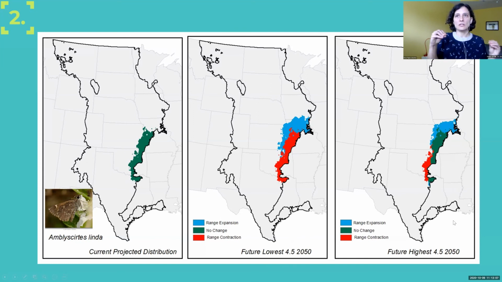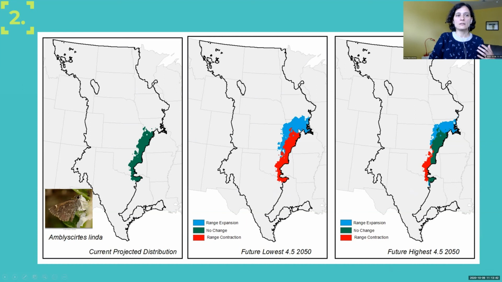So we maintain the emission scenario the same, we compare within the moderate emission scenario, but we compare a global circulation model that forecasts low change versus high change in temperature and precipitation. You see that for the low GCM, global circulation model, there is a range expansion, and then there is a range contraction in red.